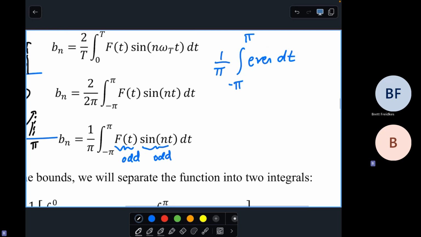So this will be the same as 2 over pi, the integral from 0 to pi of the even function. That saves you a lot of time, because instead of doing 2 separate integrals, you just have to do one, which is a lot simpler. So using these even and odd tricks will help you in terms of saving time and also saving mistakes. If you have to integrate a second function, there's more room for error.